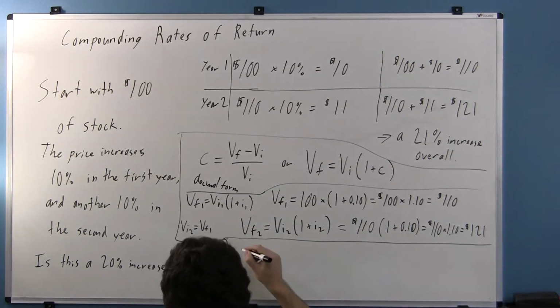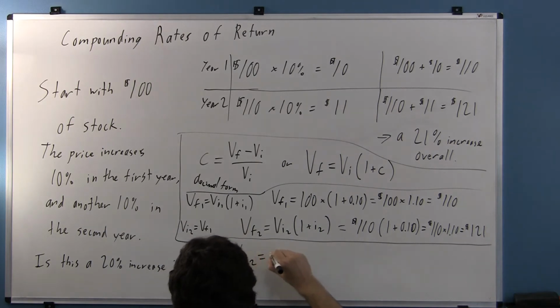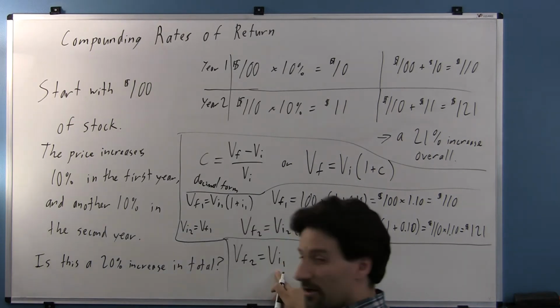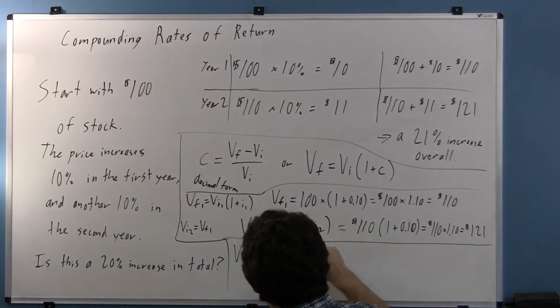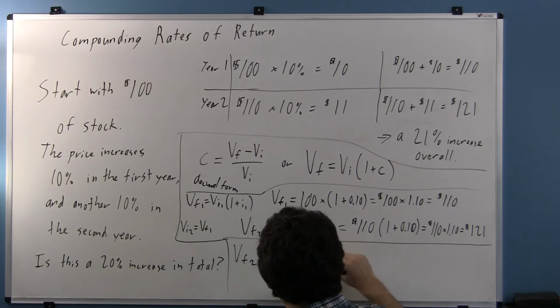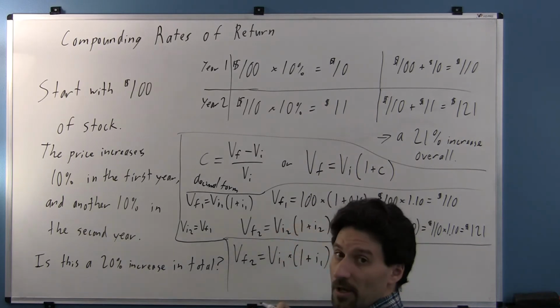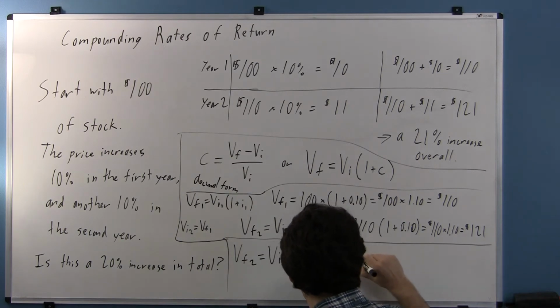So let's see what happens. VF2 is equal to VI1, the starting value at the very start, the $100, times bracket 1 plus I1. And then what happens in this equation for year 2? Well, then we multiply it by the year 2 change, so times bracket 1 plus I2.